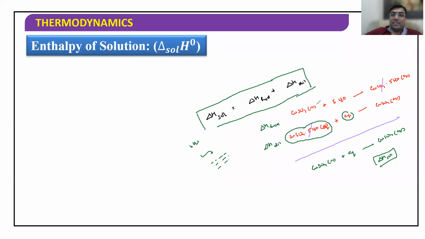This is a hydrated salt. In enthalpy of solution you use an anhydrous salt and add water. So when you add water to an anhydrous salt, you get enthalpy of solution. When you add water to a hydrated salt, you get enthalpy of dilution. It's a good question.